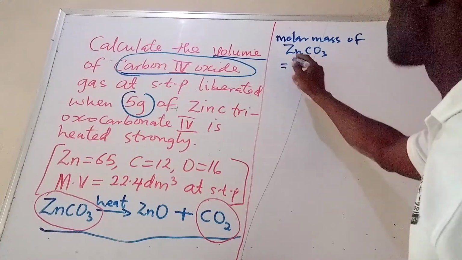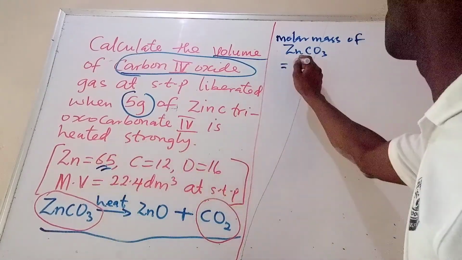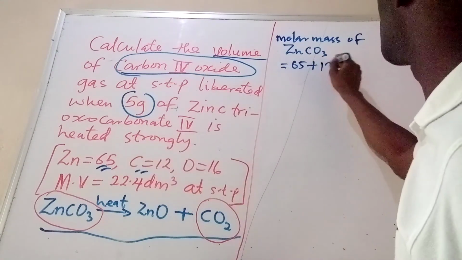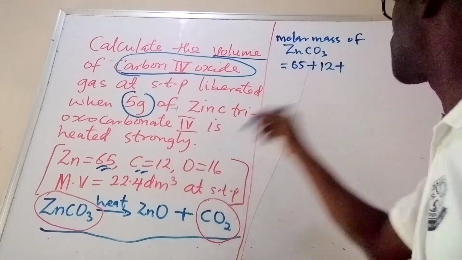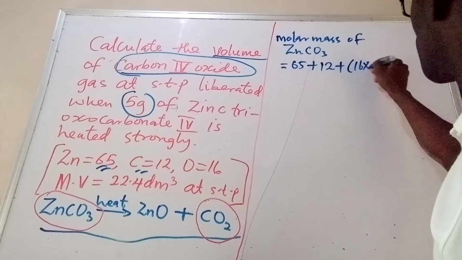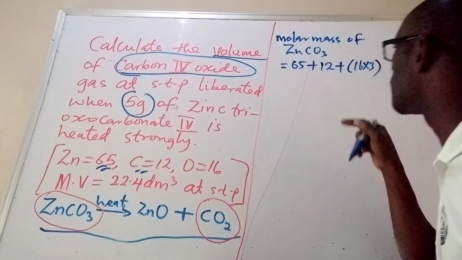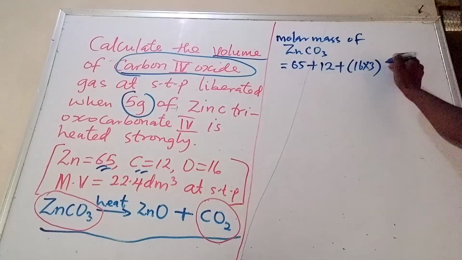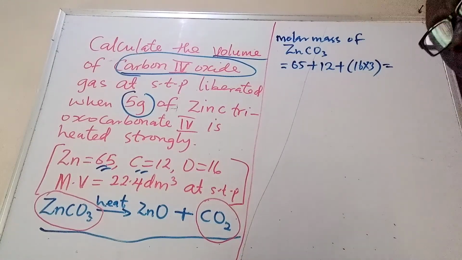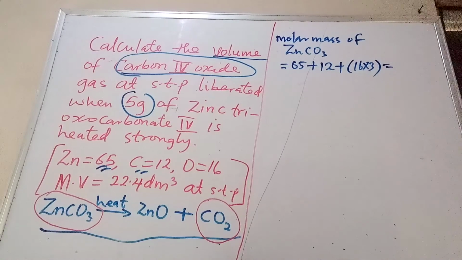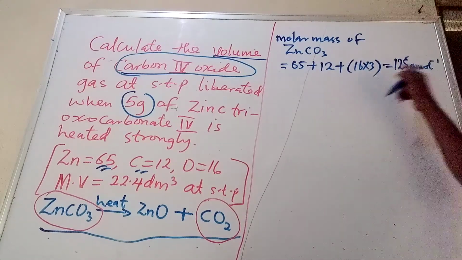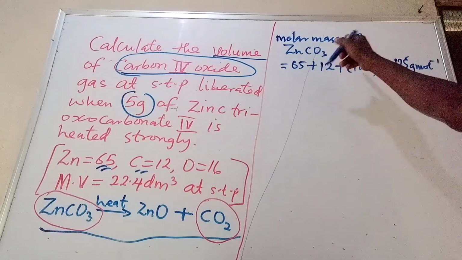That will be, zinc is 65, carbon is 12, oxygen is 16, but that will be multiplied by 3 because of these 3 here. Alright, what would that give us? Let's do the calculation. That gives 125 grams per mole of zinc carbonate.